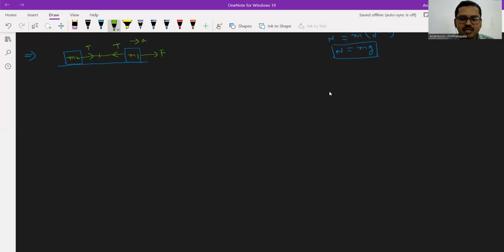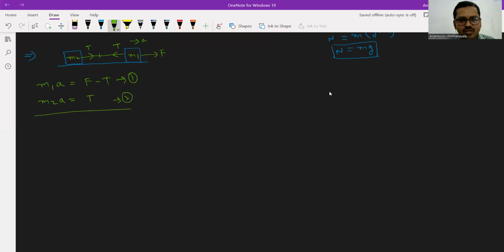See, I am directly applying the resultant force on the m1 block, because we discussed many examples of this kind before. Resultant force on m1: m1 a is equal to F minus T, and this is equation 1. The second one, m2 a is equal to only tension T acting here.